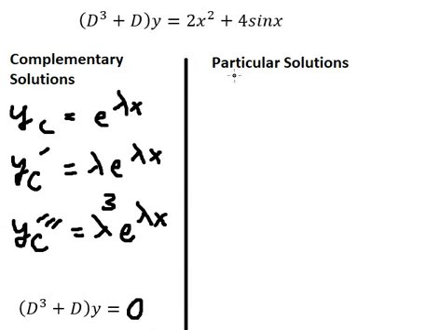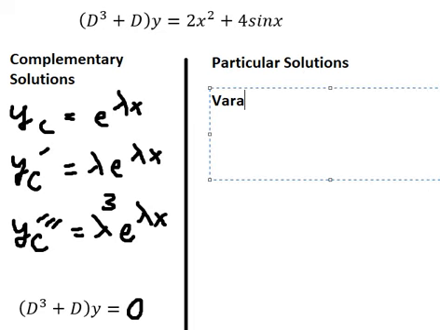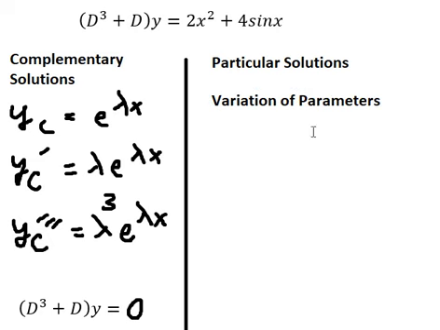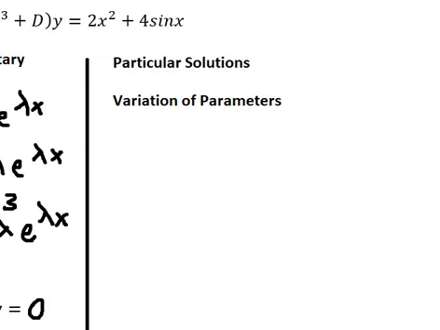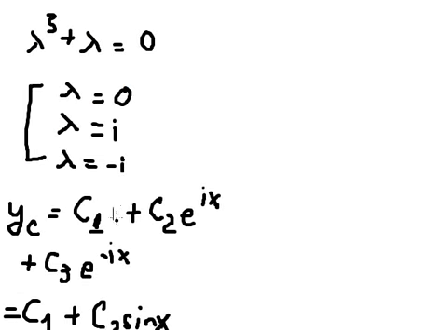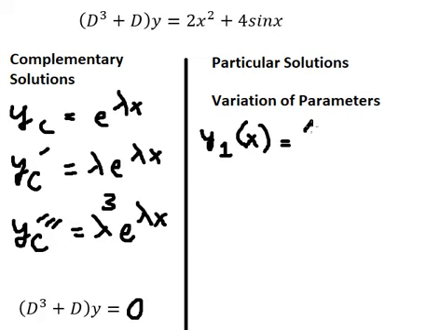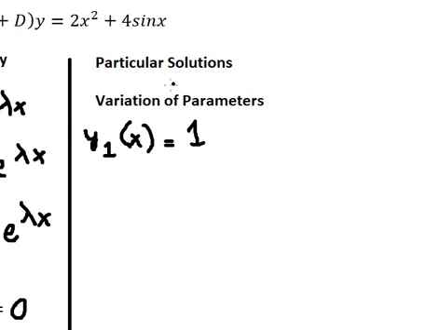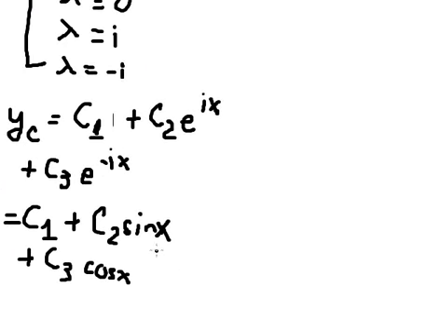Now, about the particular solution, we need to find the variation of parameters. So in this one, I need to put y1 s, that is 1 in here. y2 s, that is sin s.